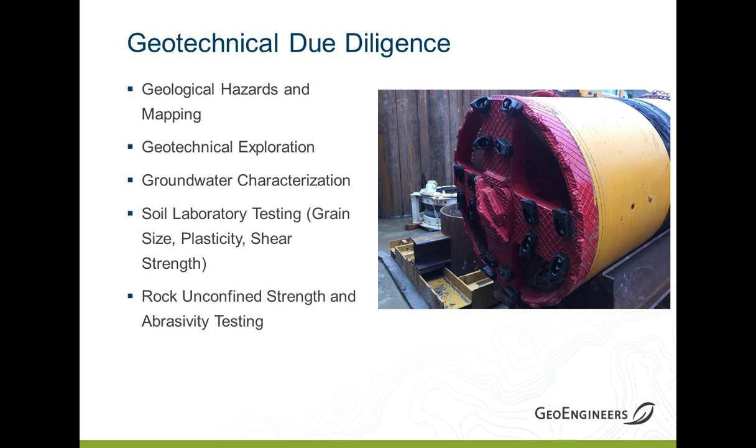If you're familiar with microtunneling standards and microtunneling exploration, it would probably be closer to that than what you might see on a typical HDD. So more samples, tighter spaced borings. Characterizing the groundwater is important, particularly if you've got entry and exit pits. We want to do a robust suite of soil laboratory tests. And if we're in rock, we want to do rock laboratory tests as well.